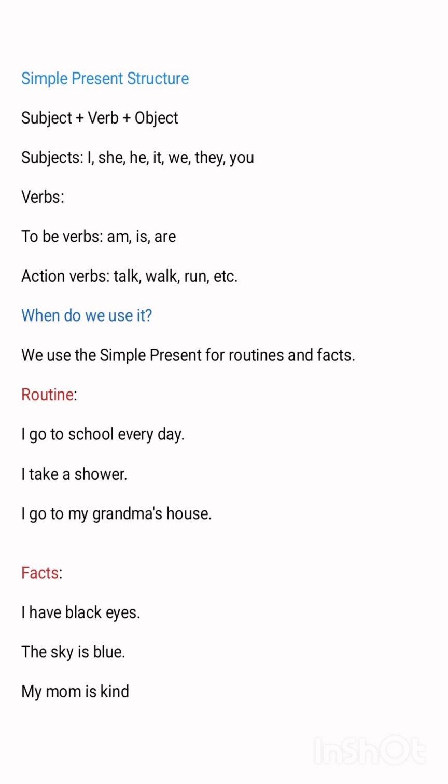1. Routines. For example, I go to school every day. I take a shower. I go to my grandmother's house. To help my students understand, I break it down. I go to school every day. Subject: I. Verb: go. Is this a to be verb or an action verb?